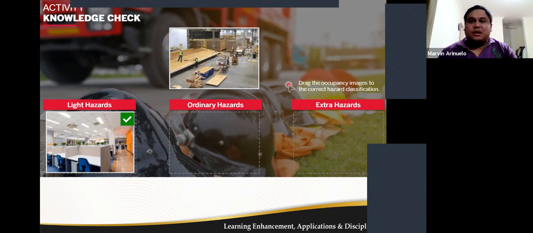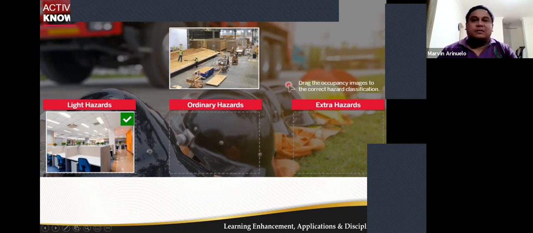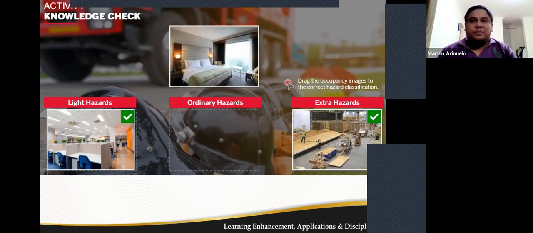Correct, Mr. Rahil. And this one, it is a workshop, but the stock height is very limited. I think it is still considered light hazard.